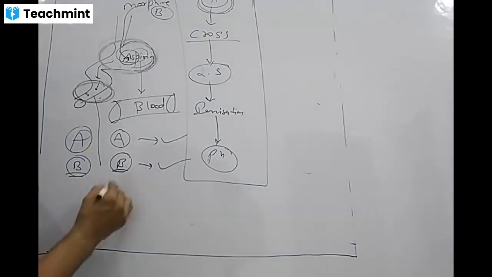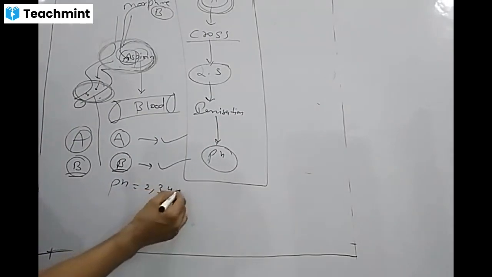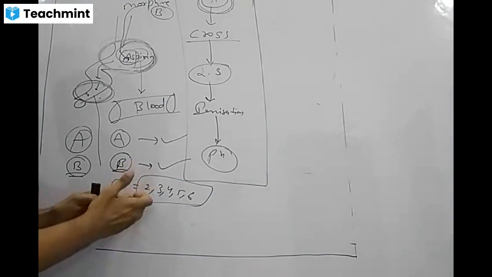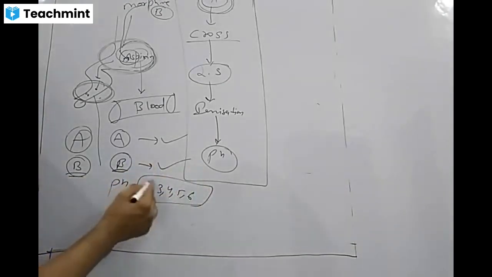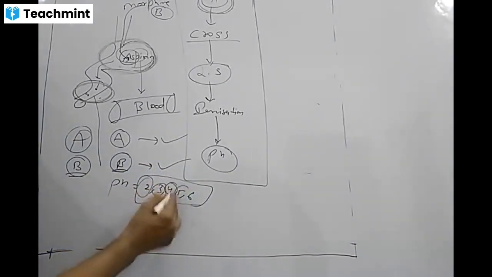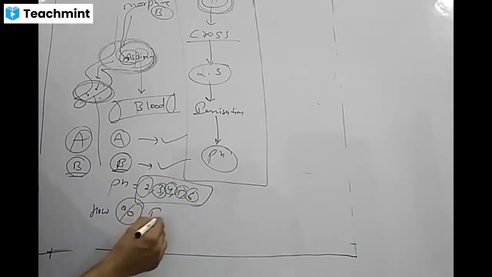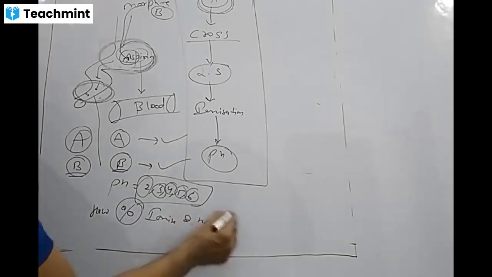But pH 2, 3, 4, 5, 6, all these pH are known as acidic pH. 2 is also acidic, 3, 4, 5, 6, all are acidic. So at which particular pH, how much percentage of the drug will be ionized and how much is unionized?